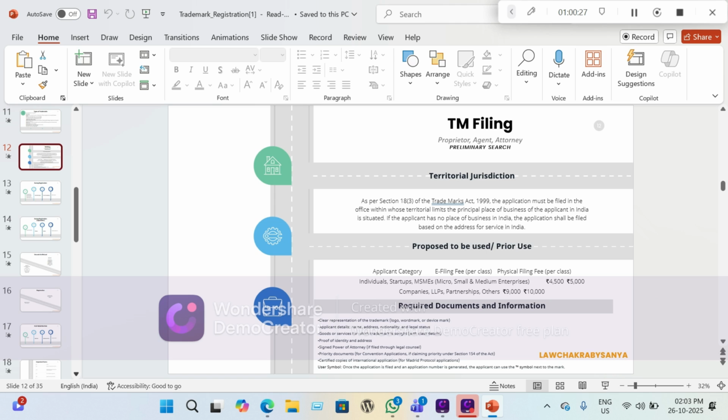They will be able to sue you because they'll be able to show prior use. So there's a major conflict in our trademark laws between prior use and first to file. Now, prior use means that you have been using that particular brand name for a very long time, though you did not get it registered.